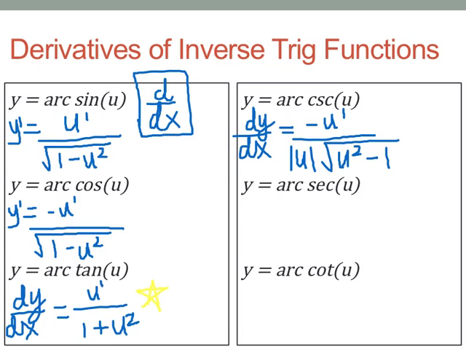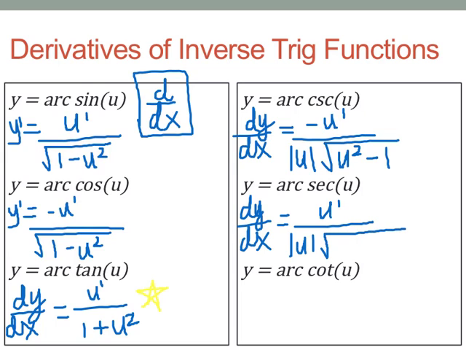Alright, the derivative of arc secant is u prime, positive u prime, all over the absolute value of u multiplied by the square root of u squared minus 1.